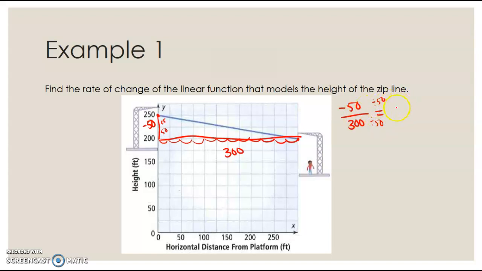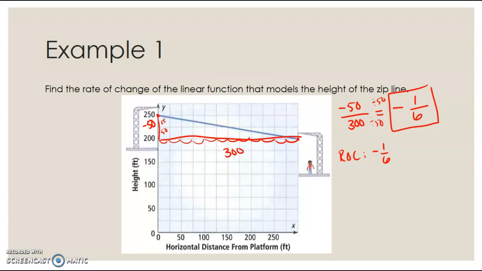And I end up with a negative, because negative divided by a positive is negative, 1 over 6. And so our rate of change, I'm going to call it ROC, like we did last chapter. ROC is going to be a negative 1 over 6. And that's using the rise over run method.